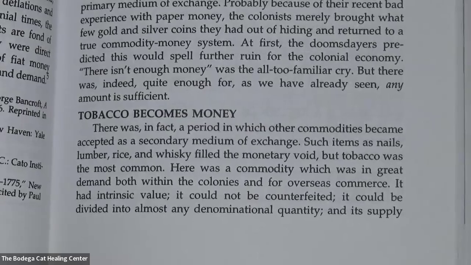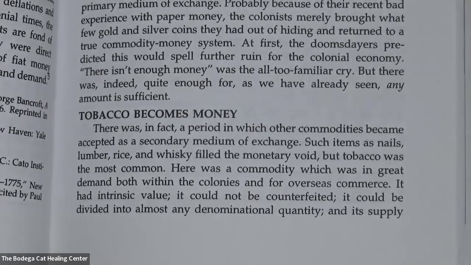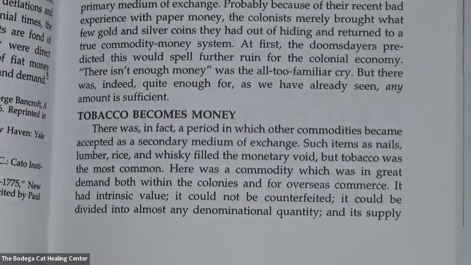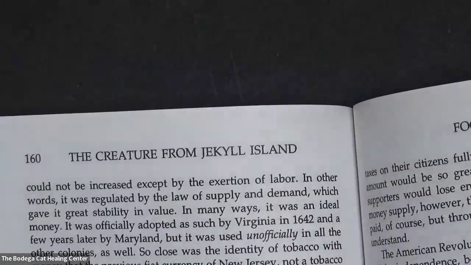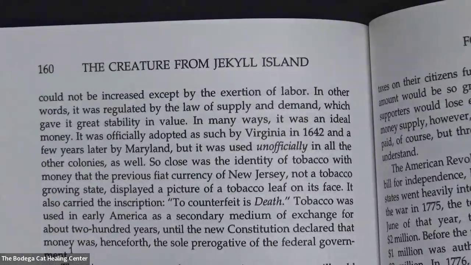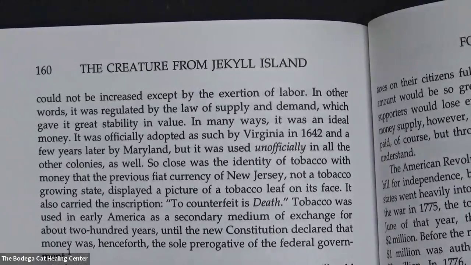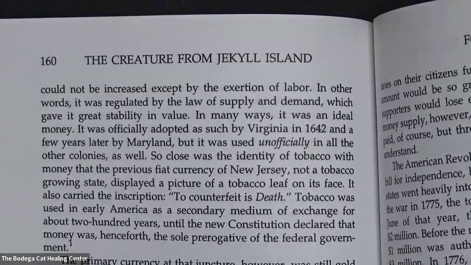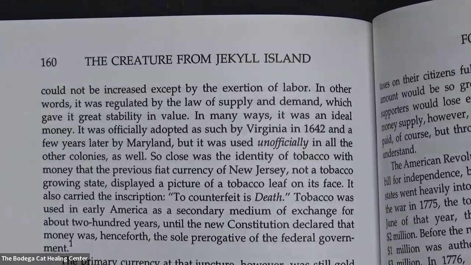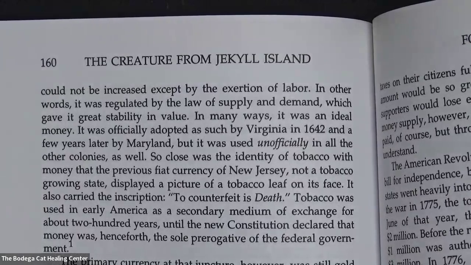It could not be counterfeited. It could be divided into almost any denominational quantity. And its supply could not be increased except by the exertion of labor. In other words, it was regulated by the law of supply and demand, which gave it great stability in value.